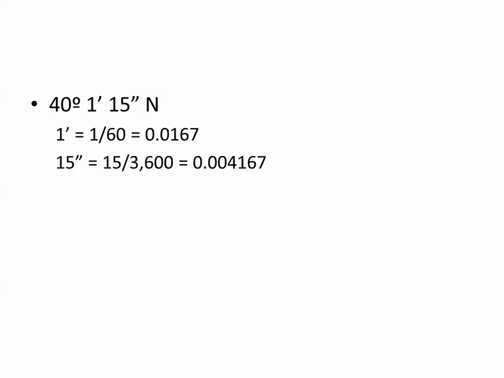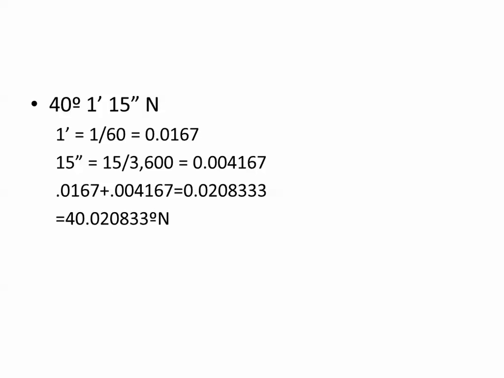And so 15 seconds is 0.004167. We add those two together, and we get 0.020833 repeating. So again, our total value is 41.020833 degrees north. All right, that's really all there is to it.